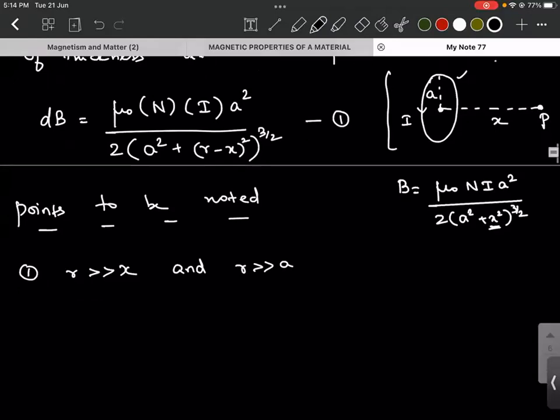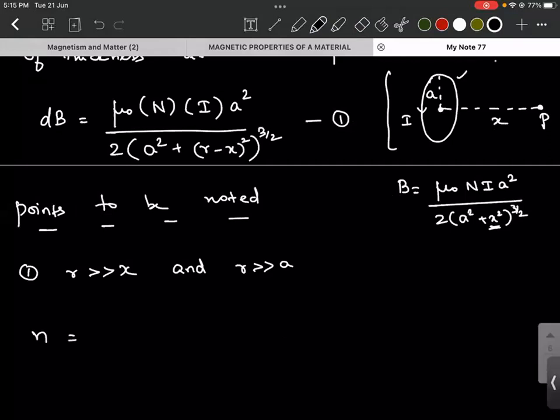When that is the scenario, now listen. In the first equation, dB will be equal to mu naught into, I'll write one more step.